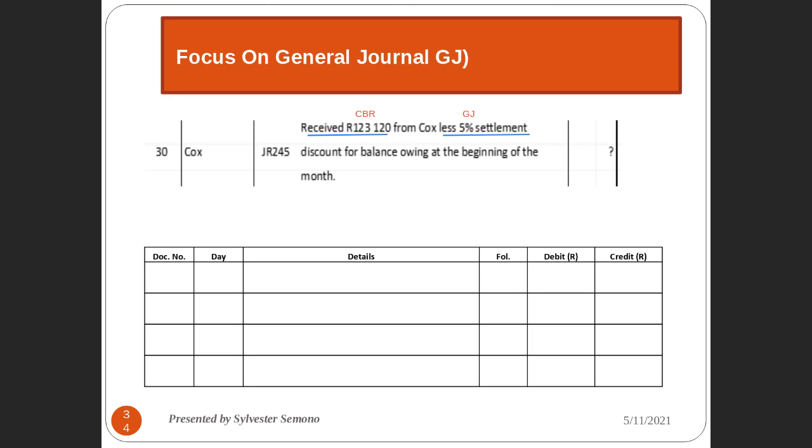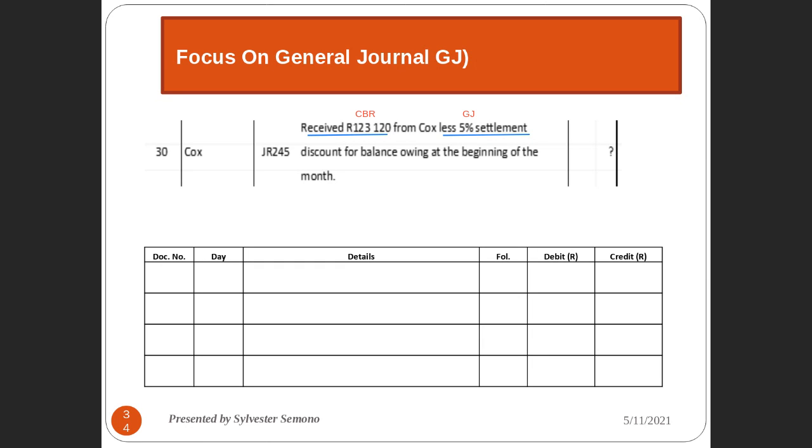In the GJ, we only record the settlement discount. Are we together? So the question is, I'm giving you half a minute. I want you to calculate the 5% for me. Yes, you are correct. In the CBR, you only record what you received, 120.